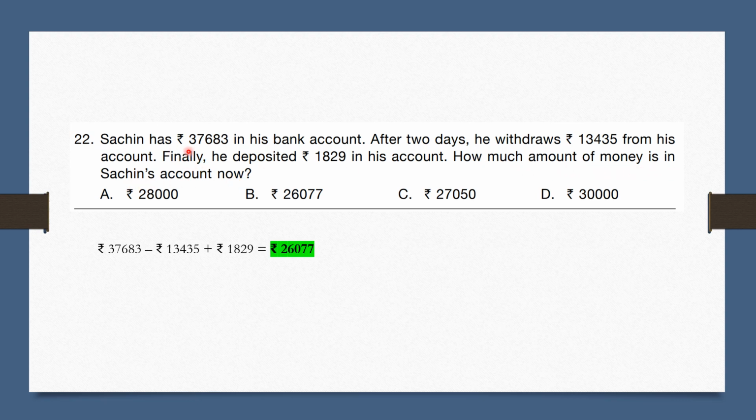So initially he had 37,683 rupees. Then he withdraws, so minus 13,435 rupees. Then he deposited means plus 1,829. So we will get 26,077 rupees, which is option B.